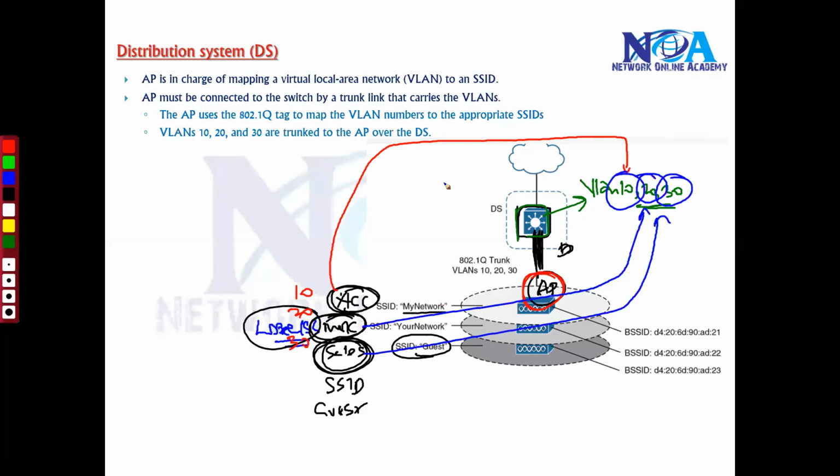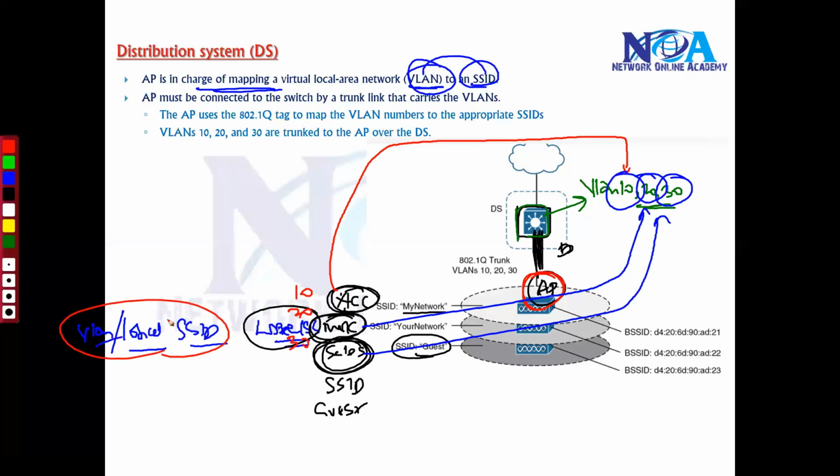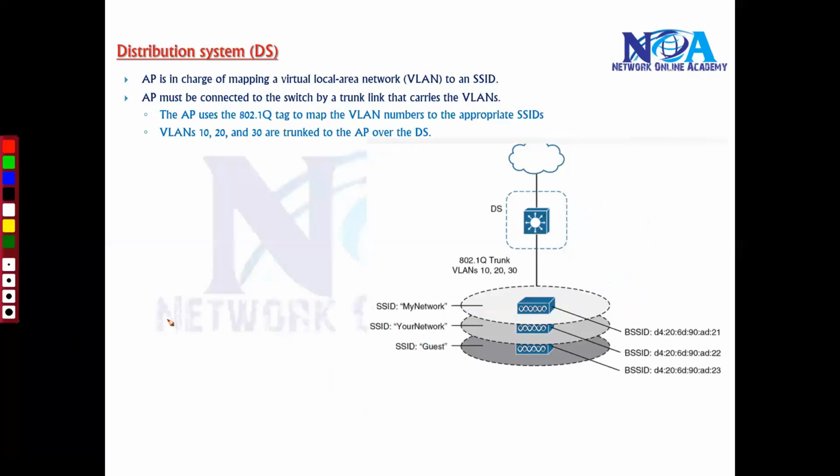Basically, this access point is responsible for mapping your VLANs to the SSIDs, so that each SSID represents one separate logical network or one logical VLAN. When we do these configurations on the access point, you have to specify which SSID correlates with which VLAN. That's something you have to do.